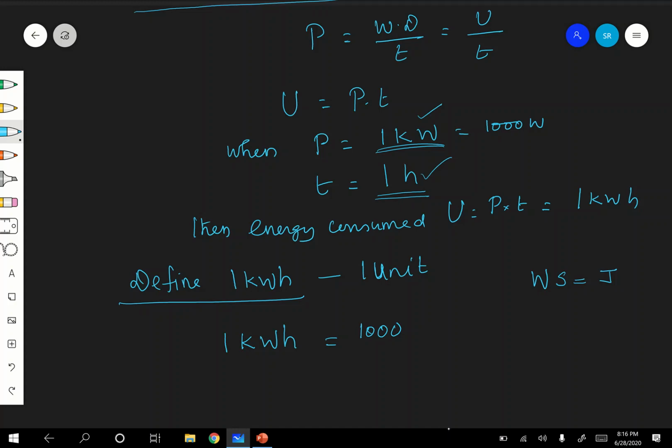Kilowatt is 1000 watt, and hour you convert into seconds, which is 3600 seconds. Are you following? Therefore, that is nothing but 3.6 into 10 power 6 joule. Therefore, 1 kilowatt hour is equal to 3.6 into 10 power 6 joule. Are you following, children?